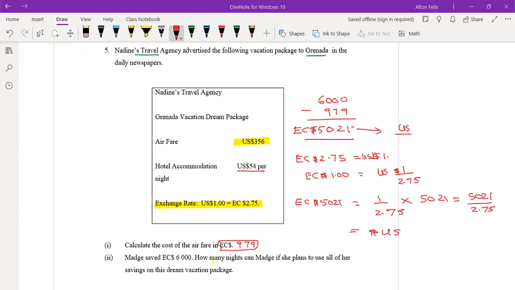We take the 5021 and divide it by 275. So we just converted that amount into US dollars. Let's round it. It will be 1825.81. Let's put 0.82, 1825 and 82 cents.